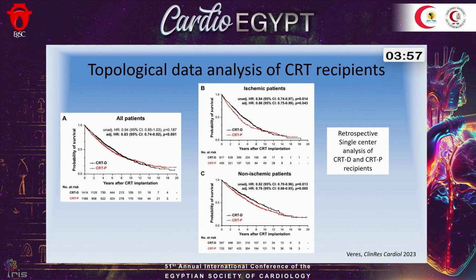And you see there is some difference: CRTD patients get better survival than CRTP patients, both in ischemic and non-ischemic patients. Not a huge difference, but a 15 to 20% difference, which is nice and significant.